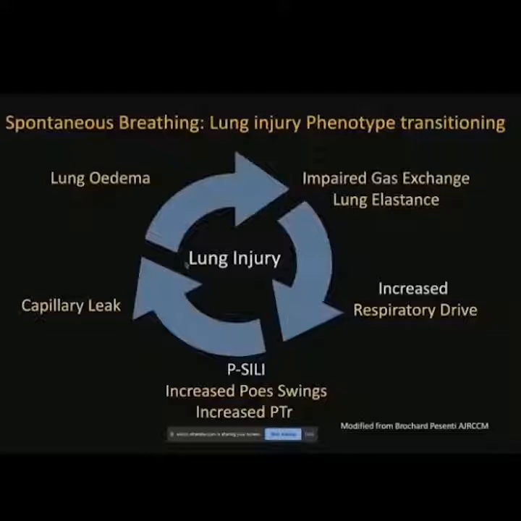As a result, they would have decreased compliance, and they're going to have an increased respiratory drive because they're not able to ventilate well. As a result of this increased respiratory drive, they're going to have increased tidal volumes, and they're going to have self-induced lung injury because of that. And there's going to be capillary leak, capillary edema. So it's an ongoing cycle of lung injury as well.